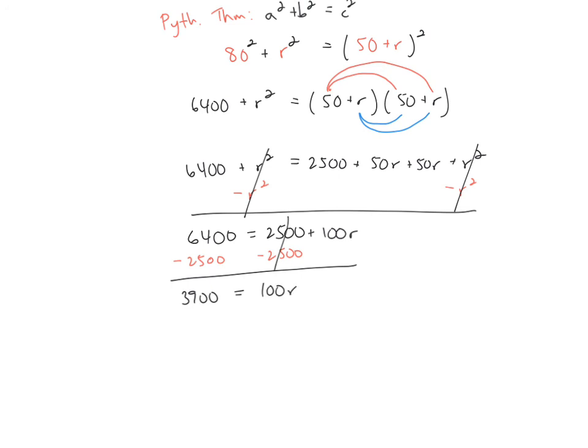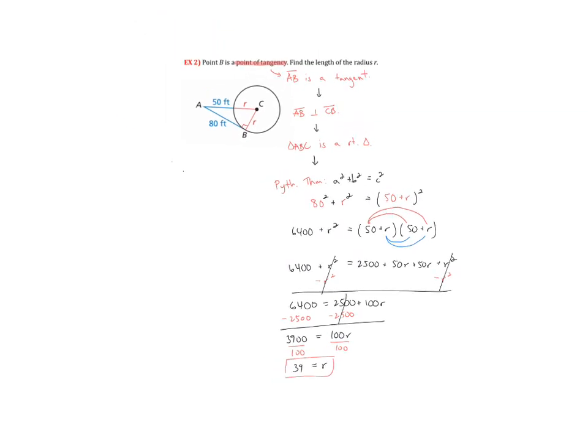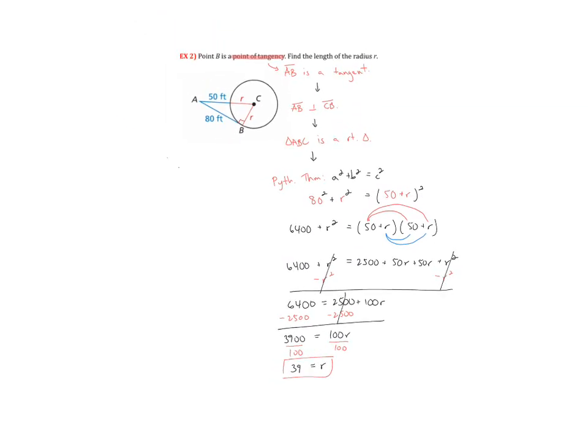Last but not least, 100 times r means that we need to divide by 100 on both sides. And we finally get that 39 is equal to r. All right, so that right there is how you use the theorem that a tangent line is perpendicular to a radius in an example to solve for the length of the radius.